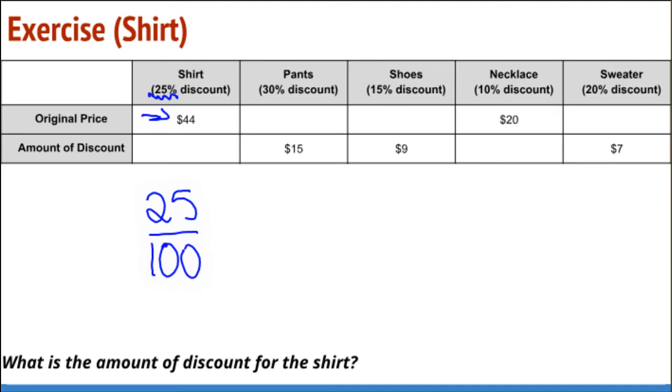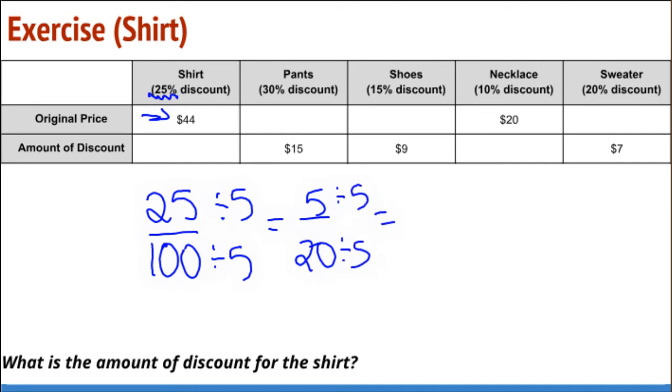So I know that both of these can be divided by 5, and that gives me 5/20ths. And then I can divide both of those by 5, and that will give me 1/4. So now I have a 1/4 that I would like to scale up to a 44.